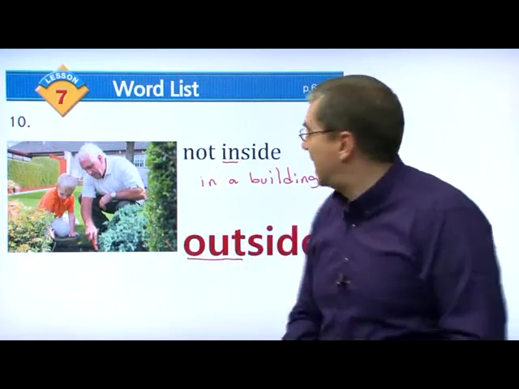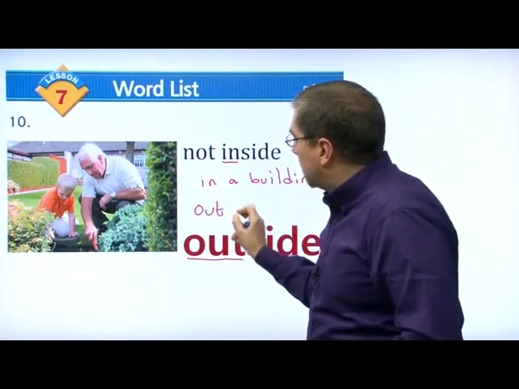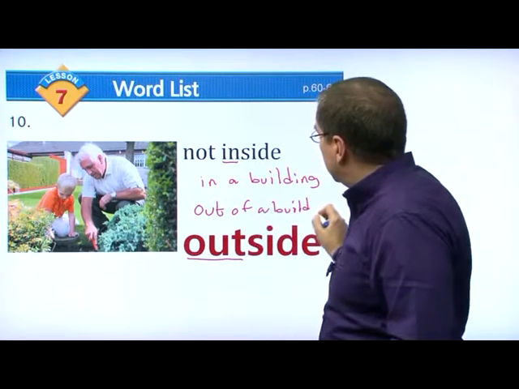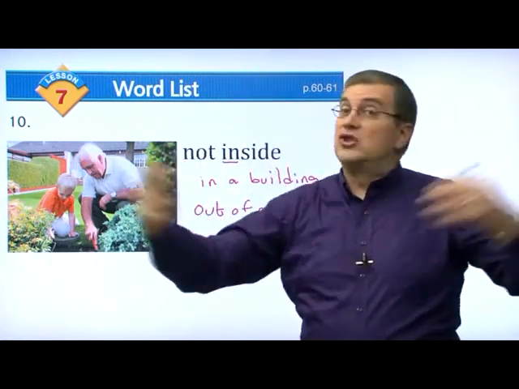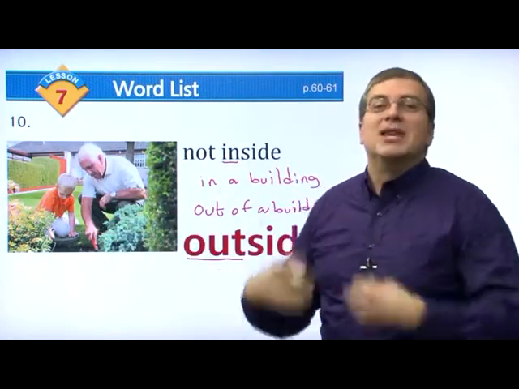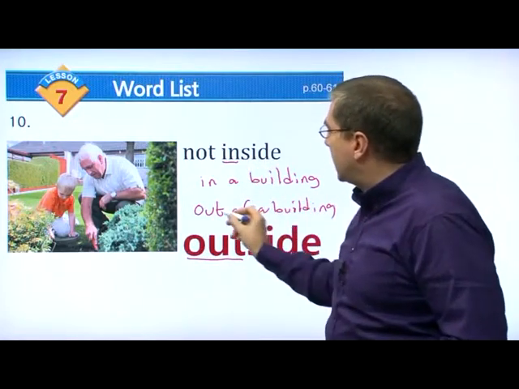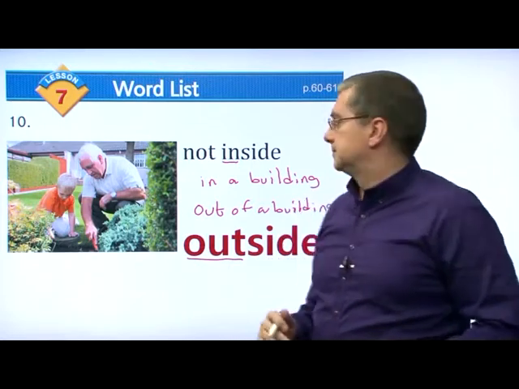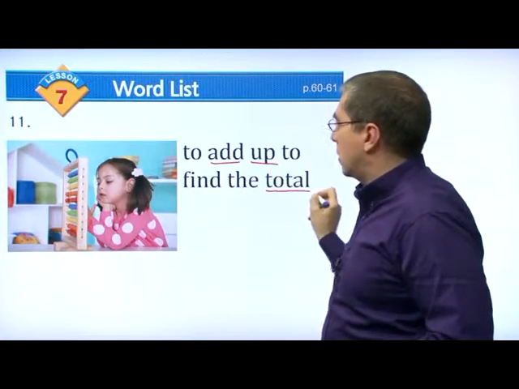But if you are out of a building, there's no ceiling. Above you is sky. Around you, just air, right? Then you are outside. So inside, in a building. Outside, out of a building.